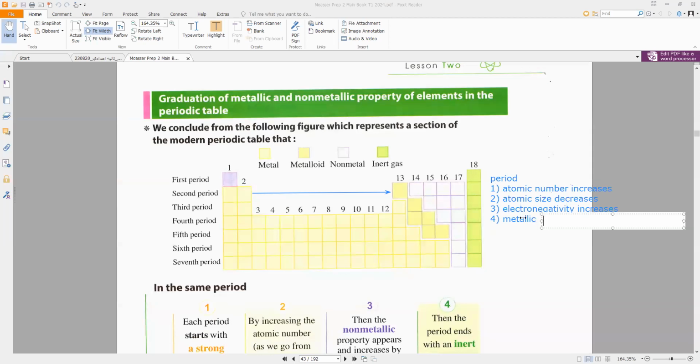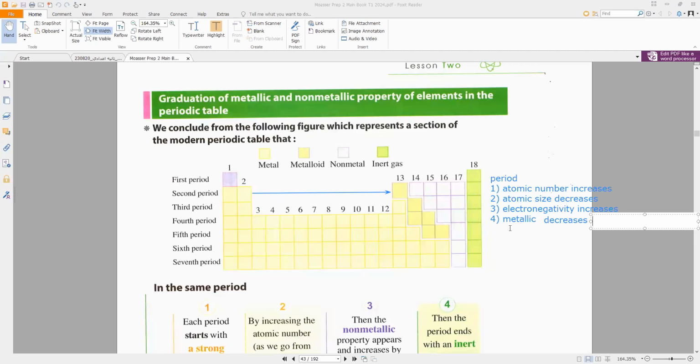So the metallic property decreases. As we see in a period, the atomic number from left to right increases, atomic size decreases, electronegativity also increases, and the metallic property decreases. The metallic property is opposite to the non-metallic property.